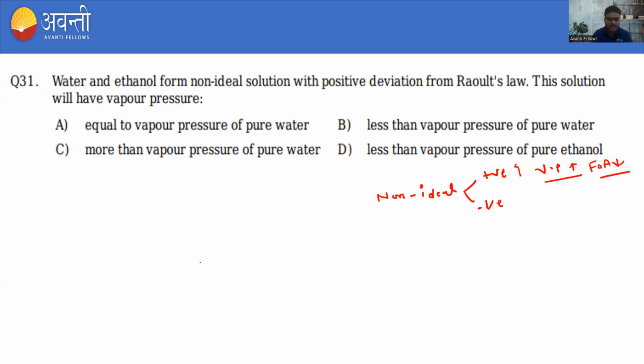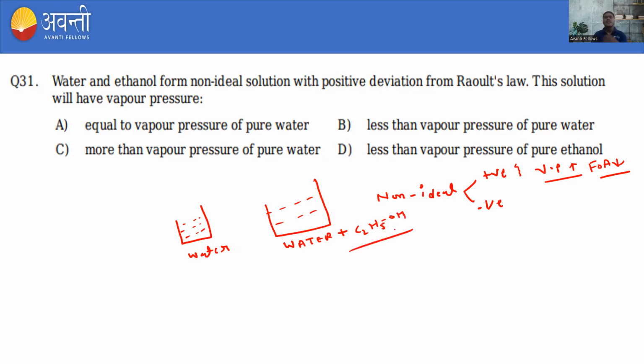Let us consider an example. This is pure water, so here we have only water. Now in this we have water, water, water, as well as ethanol, that is C2H5OH.